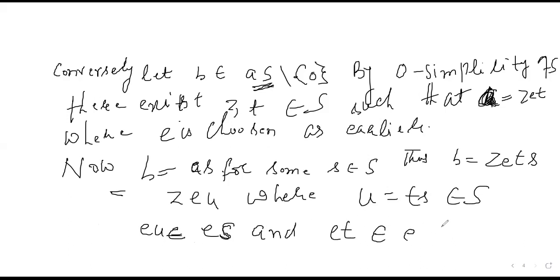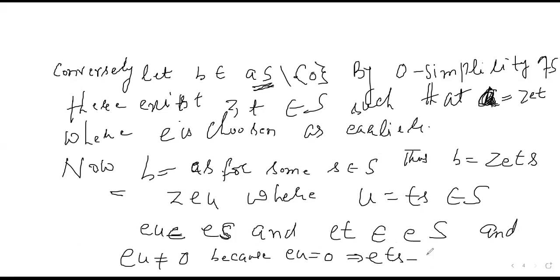And EU is not equal to 0, because EU equal to 0 implies ETS equal to 0, which implies B equal to 0.